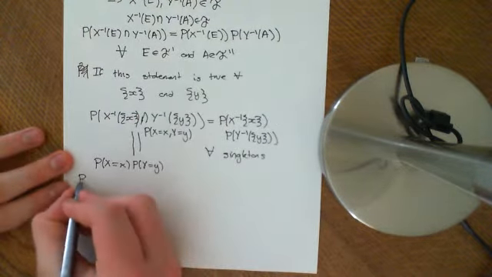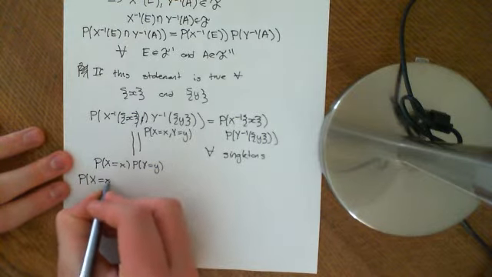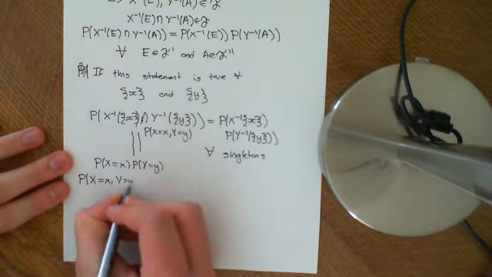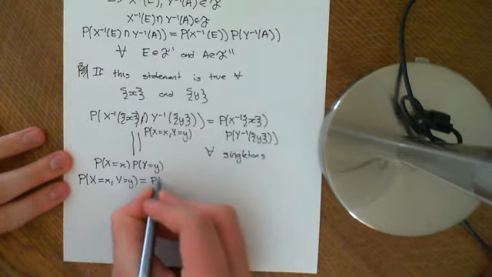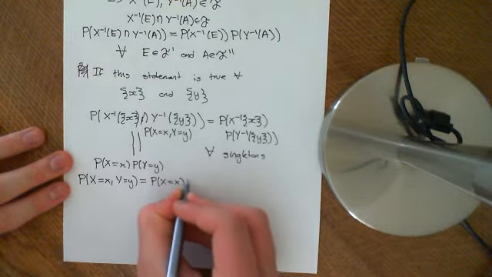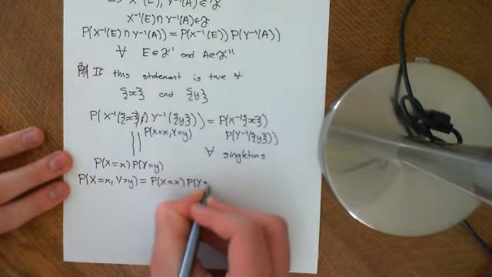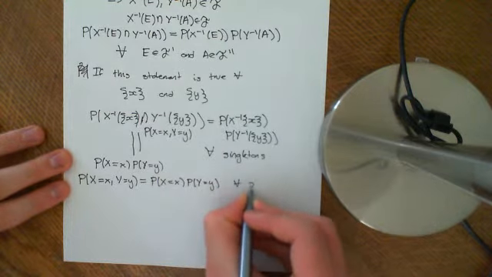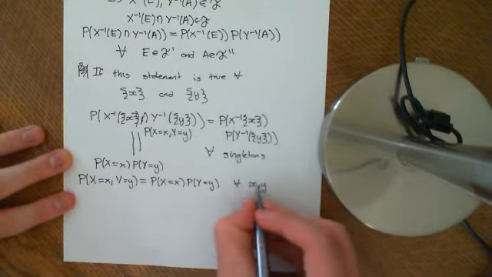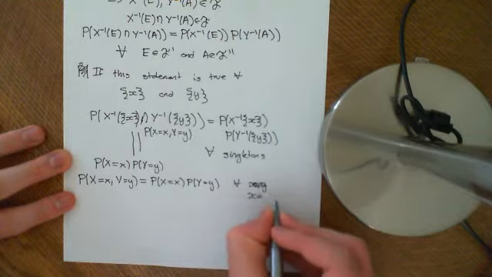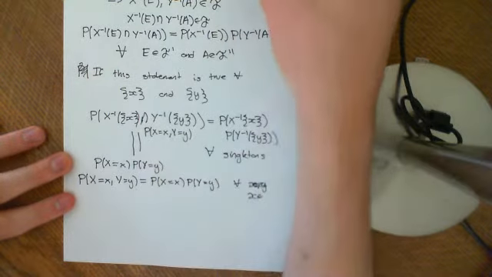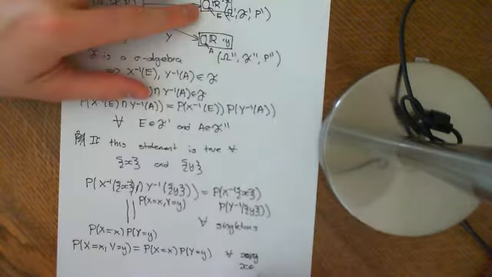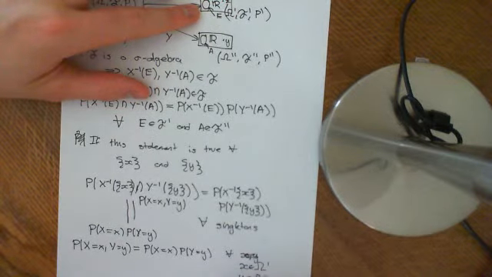We had the statement that the probability that X is equal to x and Y is equal to y is equal to the probability that X is equal to x times the probability that Y is equal to y, for all x an element of this probability space up here, so all x an element of omega prime and y an element of omega double prime.